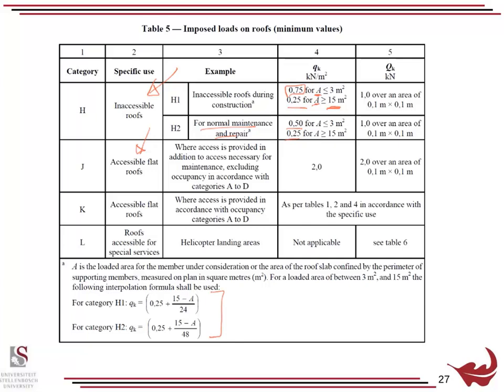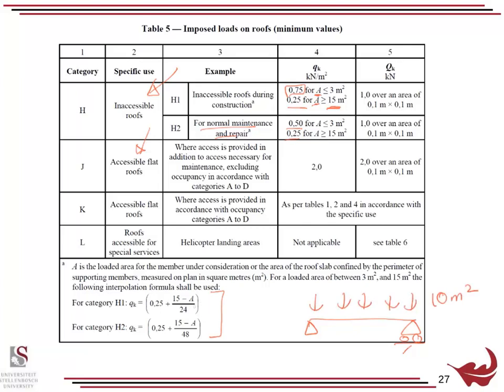So if you are designing a piece of steel that supports roof sheeting, that purlin carries 10 square meters. So there's your purlin, it's a simply supported purlin, and then the total area that is contributing to the load on it is 10 square meters.